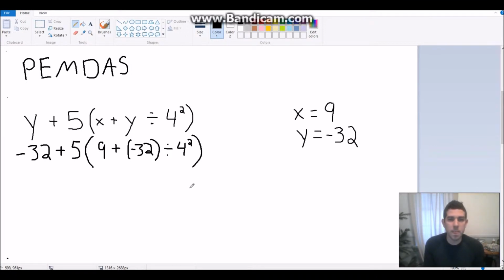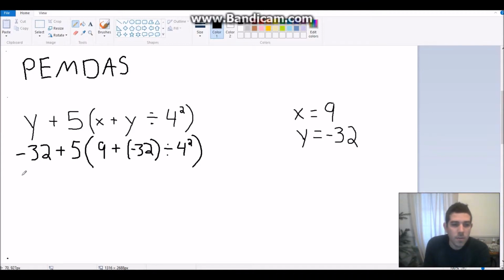Alright, we're ready. First thing, P, parentheses. Do what's inside of the parentheses first. Not necessarily this negative 32, that's not an operation, that's just a number. Do the operations that are inside of this parentheses. Well, I have addition here, I have division, and I have an exponent. According to PEMDAS, exponent comes first.